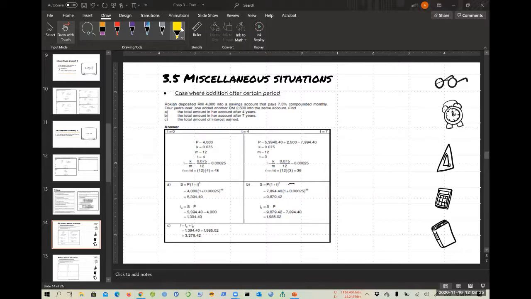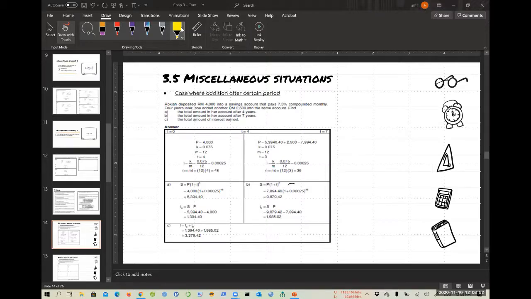Apa yang dimaksudkan kat sini adalah bagi compound interest, bila kita nak kirakan dia punya interest, akan dikira ke atas baki semasa ataupun apa saja nilai yang ada dalam akaun kita pada masa pengiraan interest.